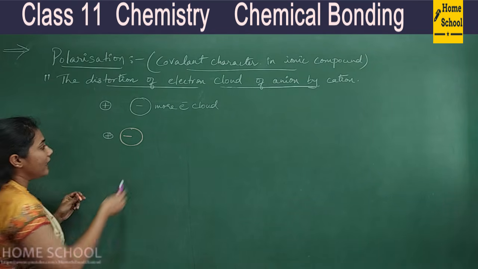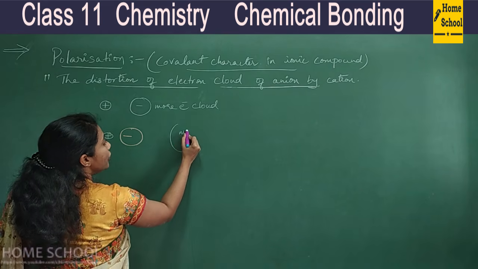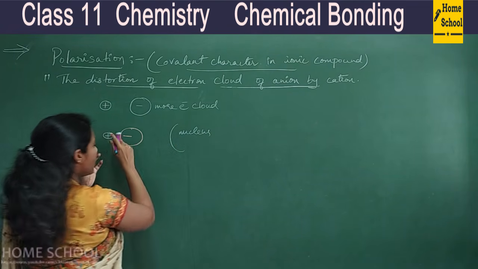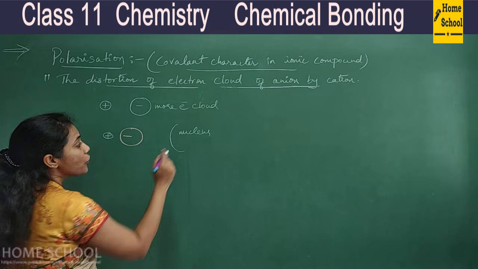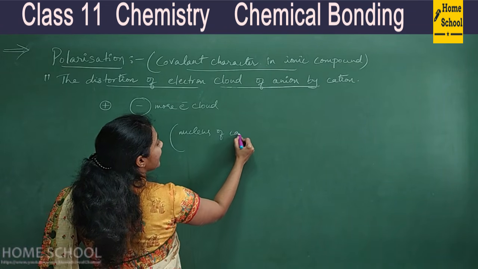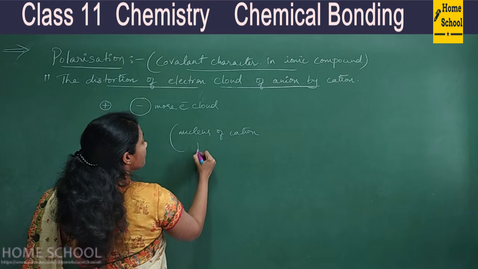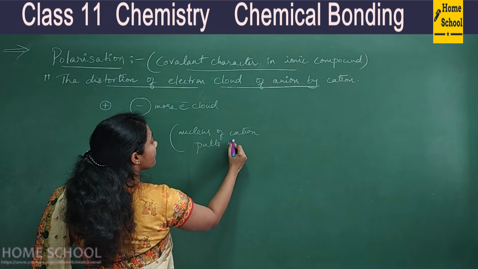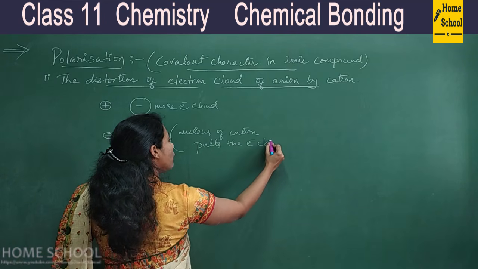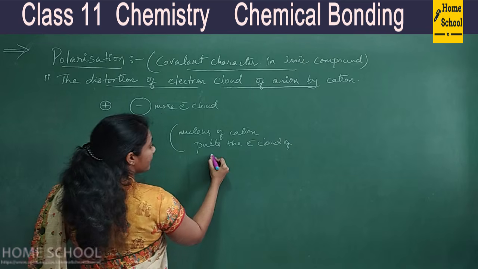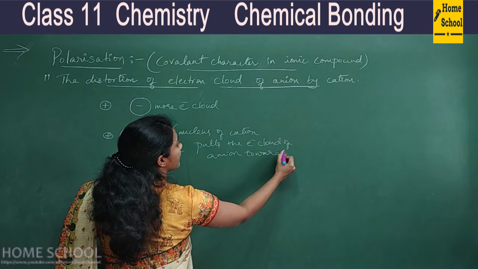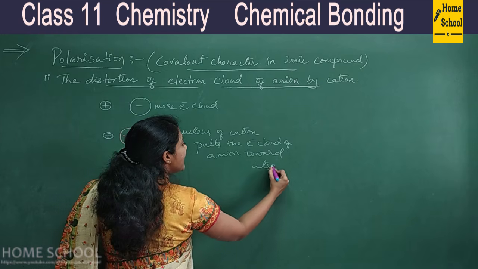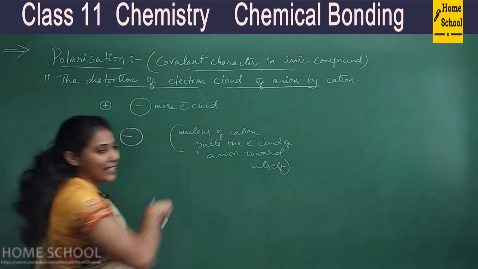Actually speaking, the nucleus of the cation is very strong. It is highly positive in nature, right? So the nucleus of the cation pulls the electron cloud of the anion towards itself, right? That itself we will call polarization.